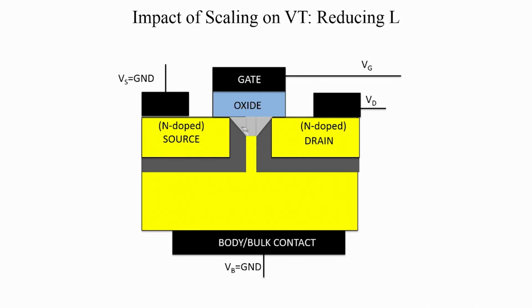Since this PN junction now takes up a larger share of the workload in trying to deplete, the gate has to do a smaller job, and therefore, the gate depletes that region faster at a lower VGS as compared to the long channel device.